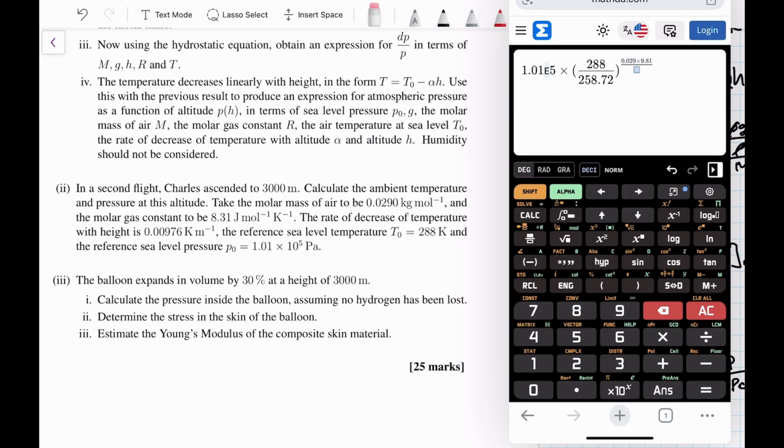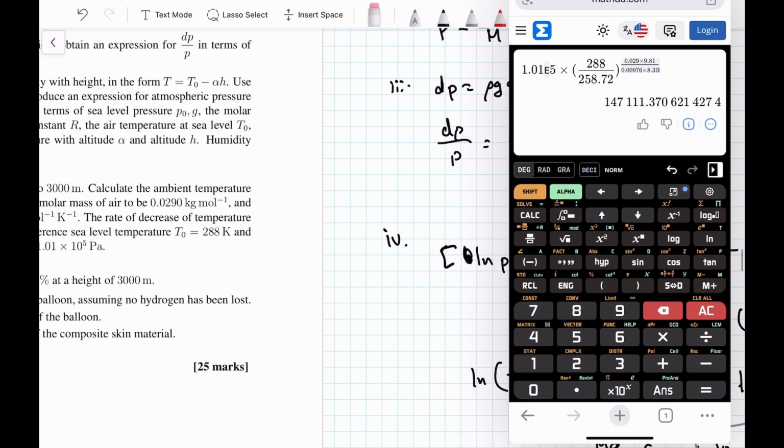Alpha is 0.00976 multiplied by the molar gas constant, which is 8.31.